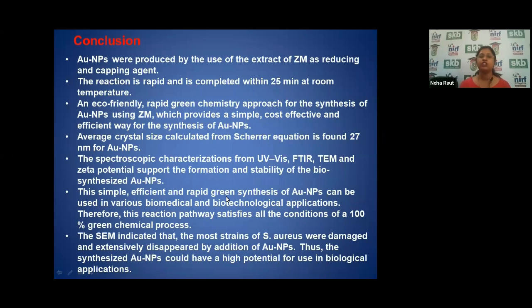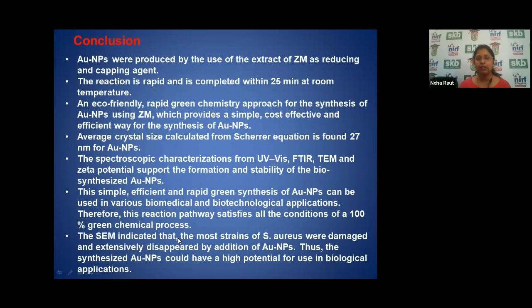This simple, efficient and rapid green synthesis of gold nanoparticles can be used in various biomedical and biotechnological applications. We can even work further on antibiotic resistant species. In the present paper, he has tested it on a normal strain. Therefore, this reaction pathway satisfies all the conditions of a 100% green chemical process.